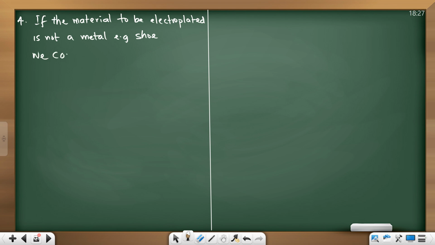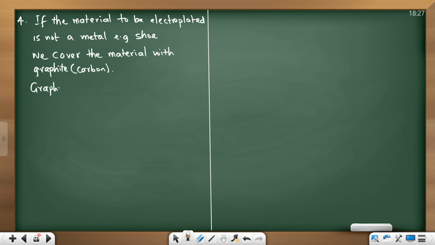We cover the material with graphite, which is carbon. All right?